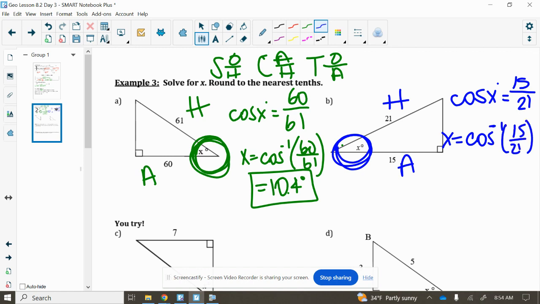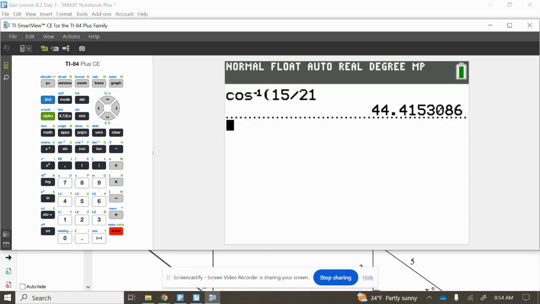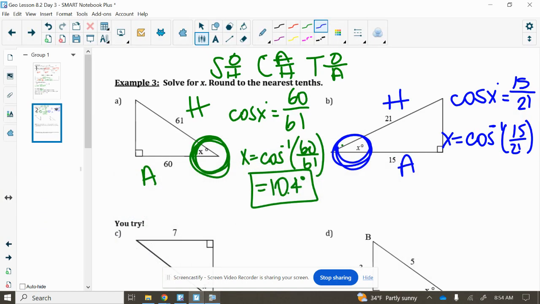Using the calculator, I'm going to do second button, cosine. This time we have 15 over 21. 44.4 degrees will end up being the size of our angle.